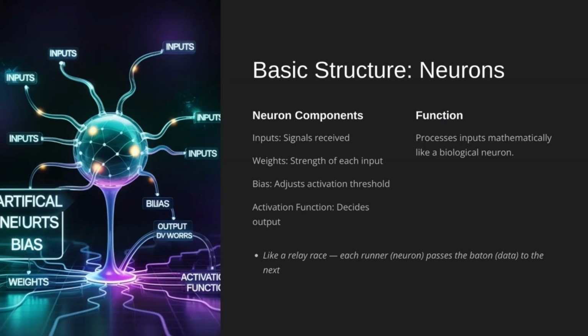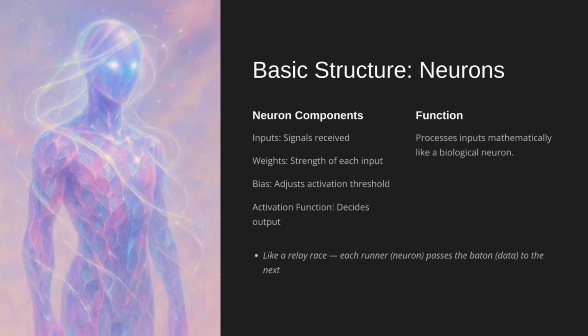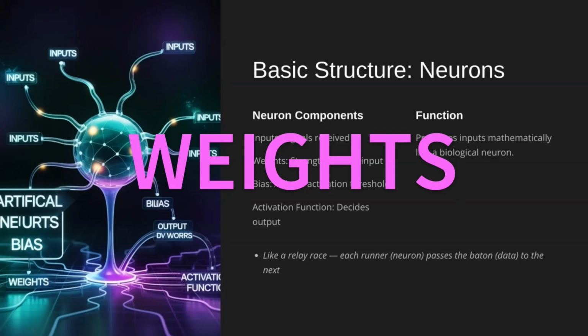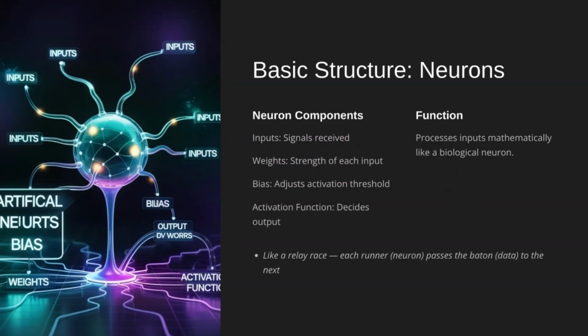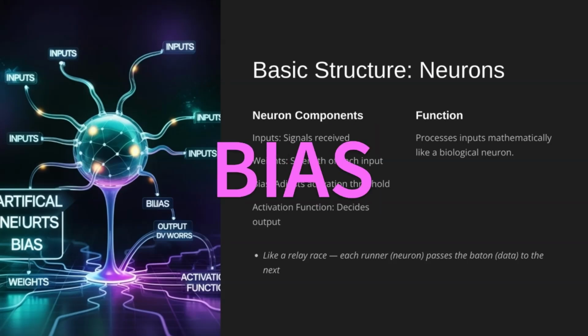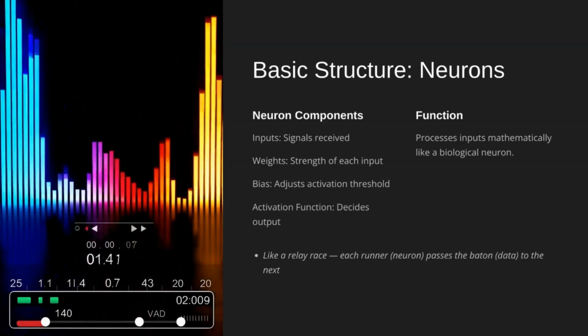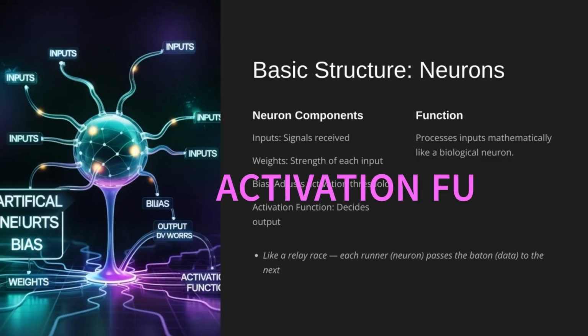Let's dive into the basic structure of an artificial neuron. Just like a biological neuron, an artificial neuron receives inputs. These are the signals coming from other neurons or data sources. Each input has a weight, which represents how important or strong that input is. There's also a bias which helps adjust the activation threshold, like a fine-tuning knob. Then comes the activation function.